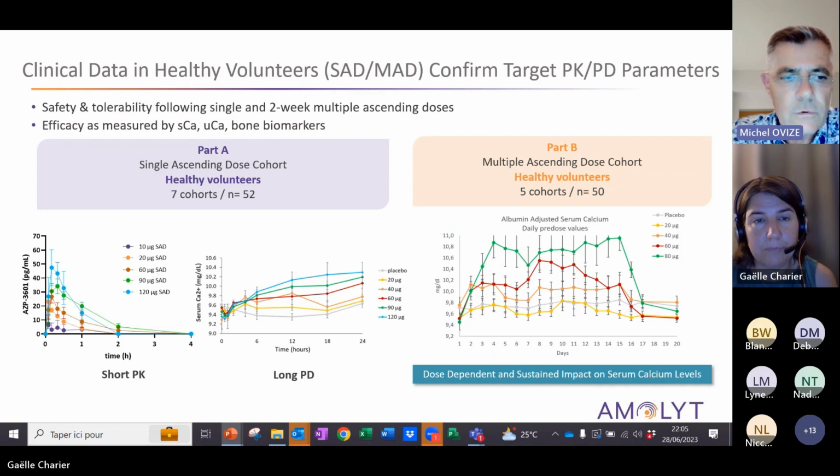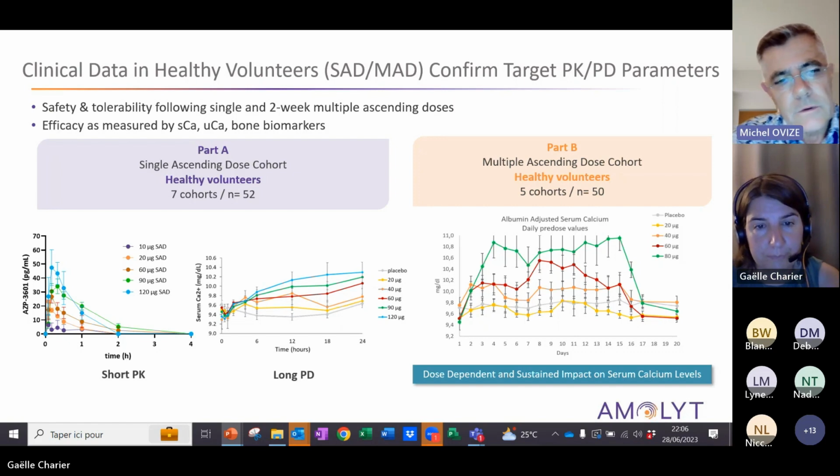In other words, if you look at the figure on the left, you can see that one important properties of this compound is to have what we call a short PK. Meaning that whatever the dose of product we administer to a subject or a patient, this product has a very short half-life, meaning that it stays for less than 2 hours into your blood.